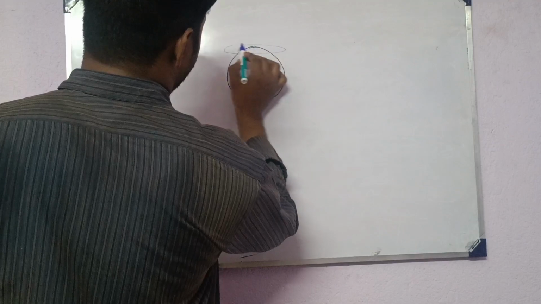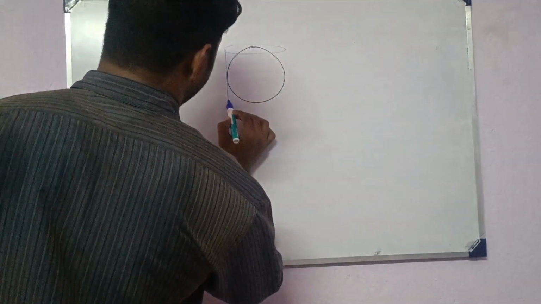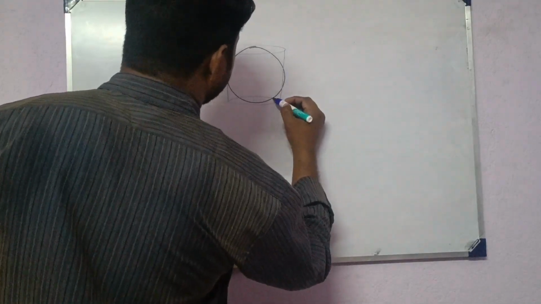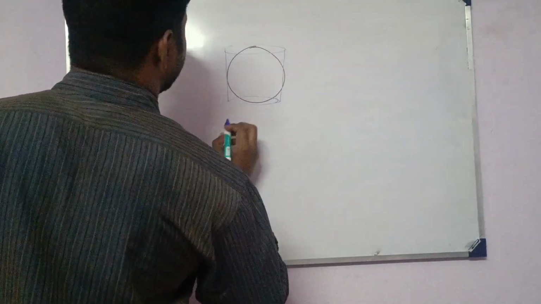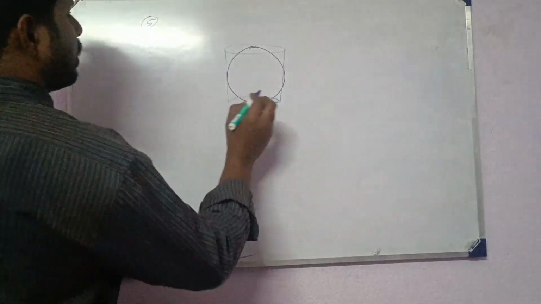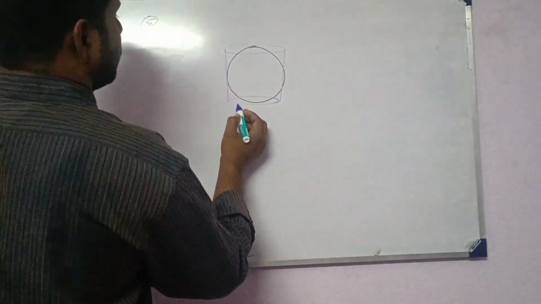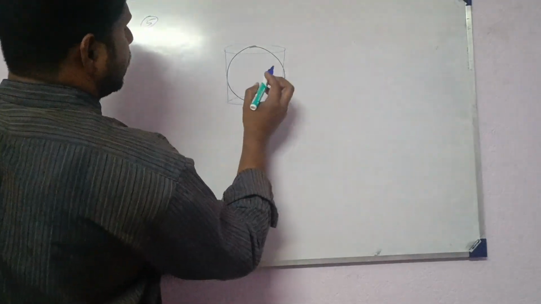Circumscribe করা আছে মানে পুরোটা একদম কভার করা এইভাবে. So this is the cylinder which is circumscribing the sphere.